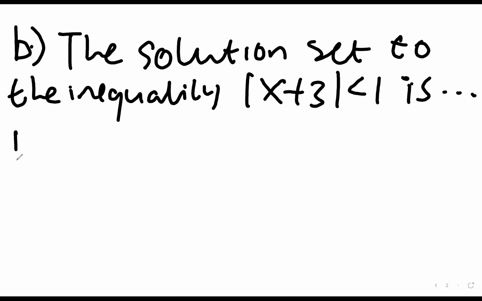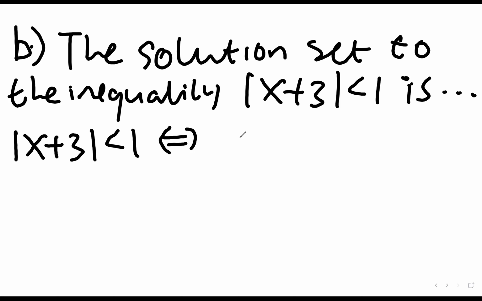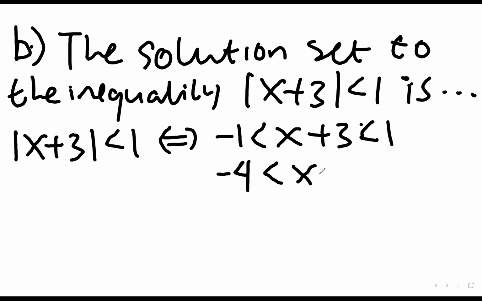So we start with absolute value of x plus 3 is less than 1, which is equivalent to x plus 3 is in between minus 1 and 1. And here after subtracting 3, I have minus 4 is less than x, and then it's less than 1 minus 3 is minus 2.